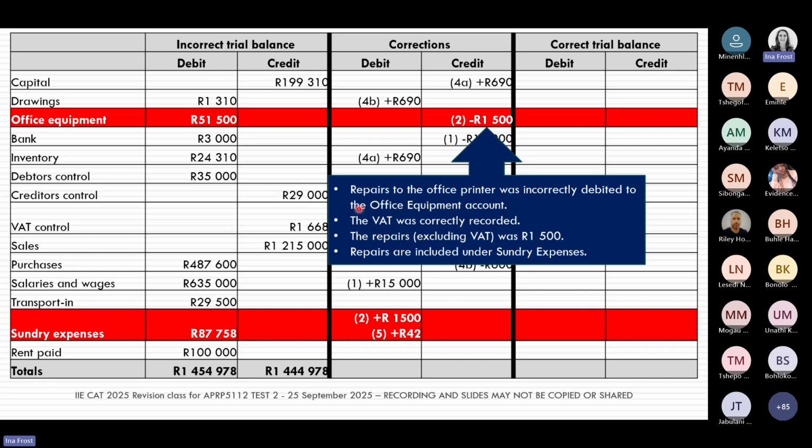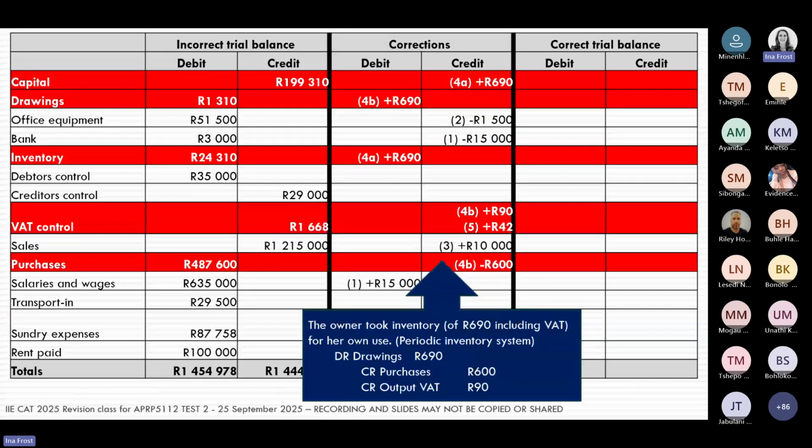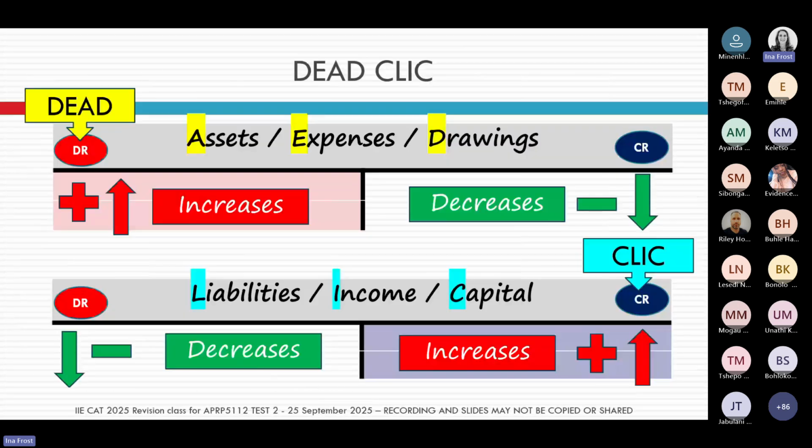And with these entries now, you have to remember your debit and your credit. So you have to use, and I think I've got the slide here. Let me just see if I have it here. Yes, you've got to make sure that you're using your debit click, so that you know that for assets, expenses, and drawings, if I want to increase these accounts, I must debit the account.